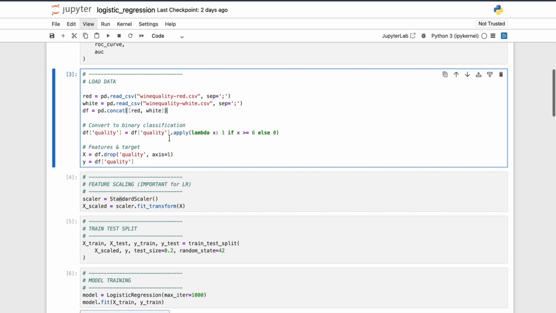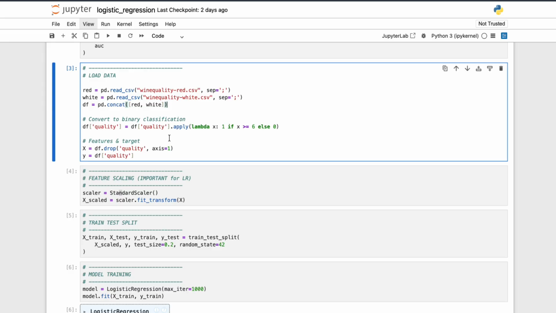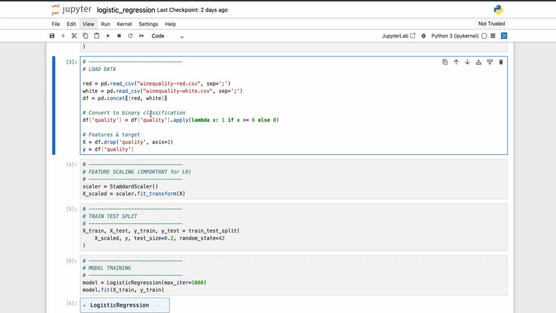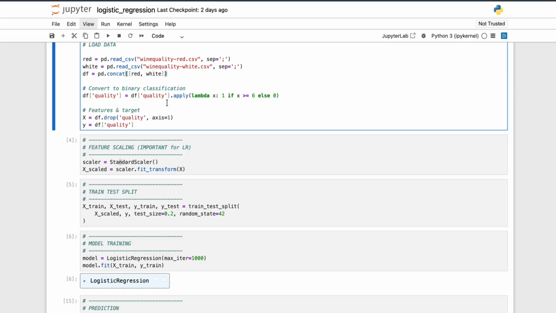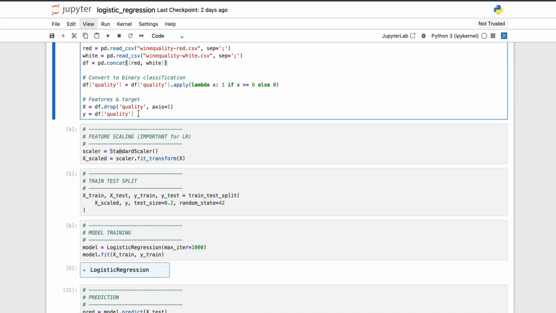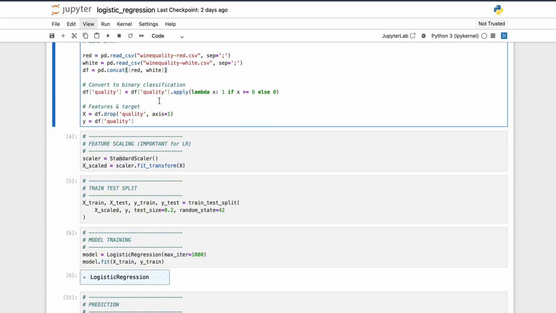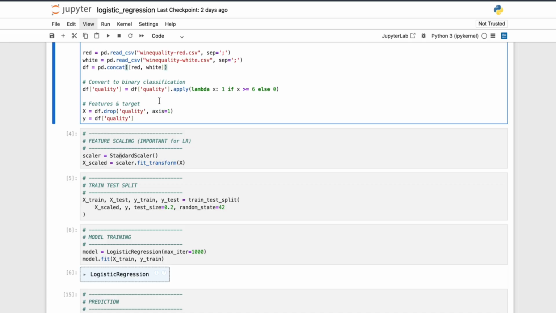After loading the data, the next important step was converting the target variable into a binary classification problem. The original quality column contains numerical scores, but since logistic regression is mainly used for classification, I transformed the values into 2 categories.